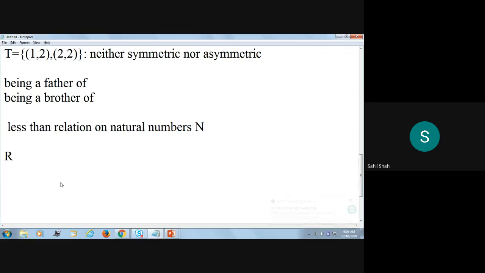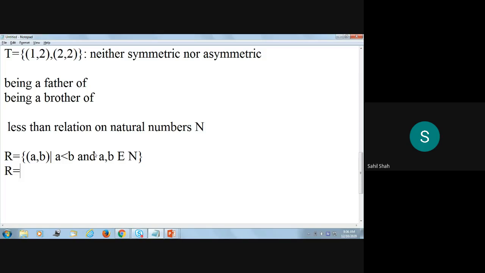What will be the elements of relation R, which is defined like this: less than on natural numbers N. It says that it is a comma b such that a less than b, and a comma b belongs to N. That is the meaning of whatever I have written.